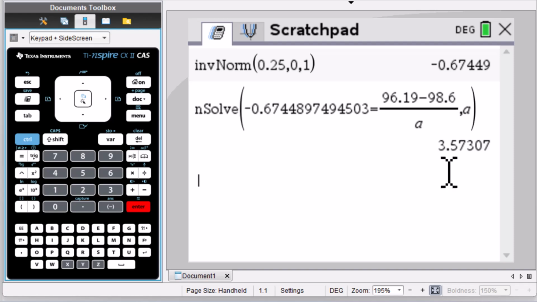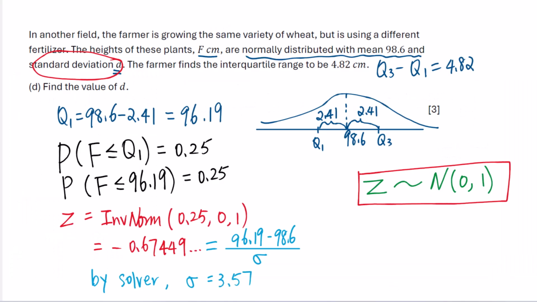A equals 3.57. Sigma equals 3.57, which means this D equals 3.57.